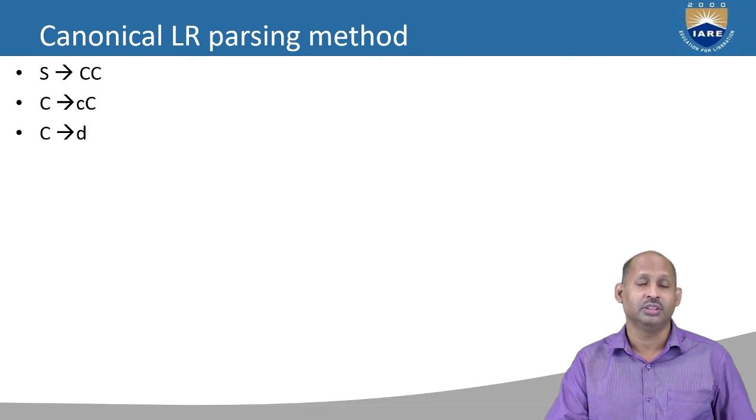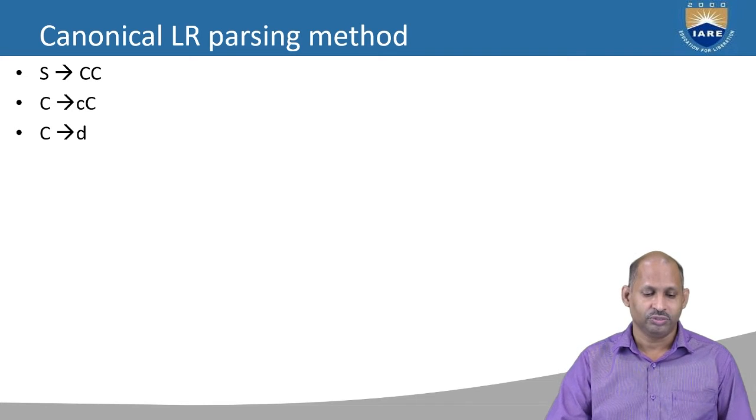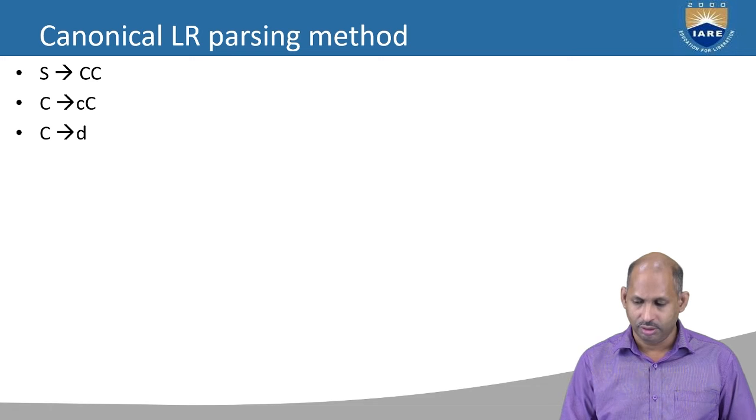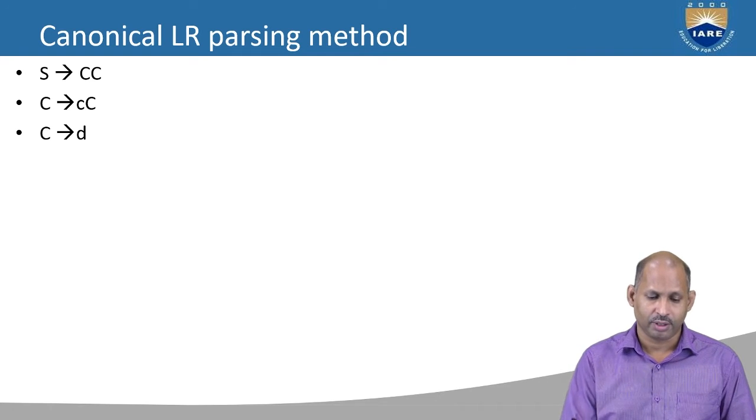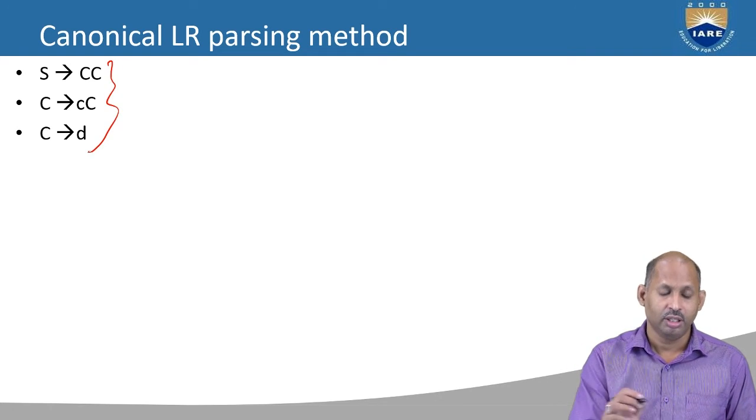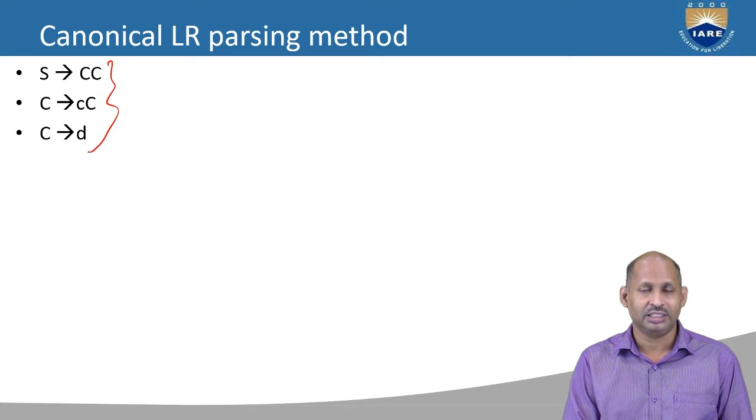S gives CC, C gives terminal c capital C, and C gives terminal d. So, these are the productions that are given.